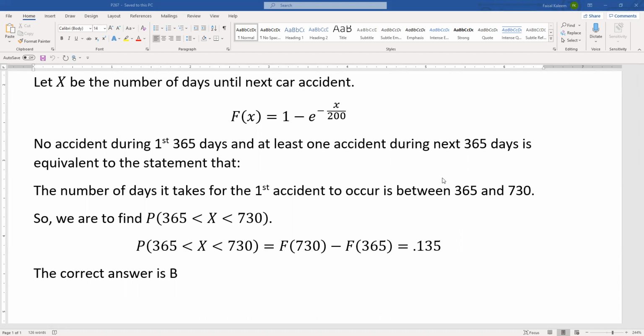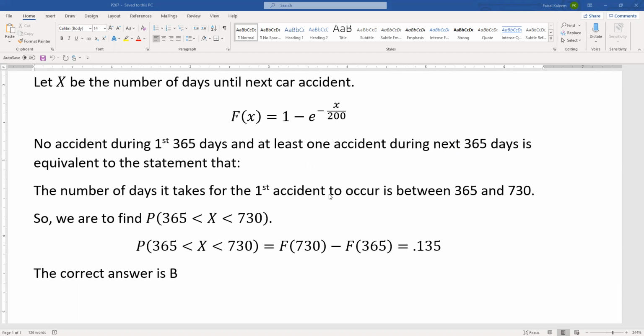One way, if you're not convinced why this statement is equivalent to this, is that two statements are equivalent if each implies the other. So if there is no accident in the first 365 days, and at least one in the next 365 days, it means that the first accident has happened somewhere between 365 and 730.